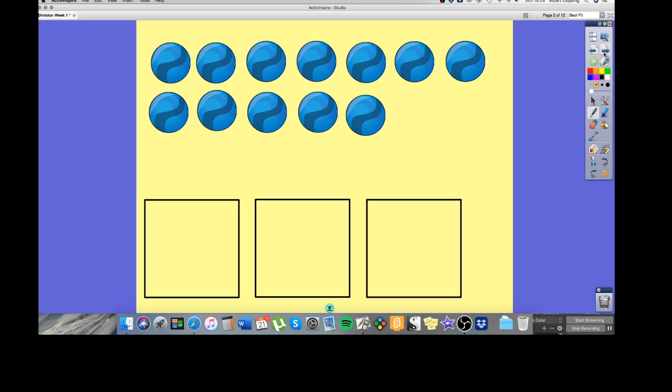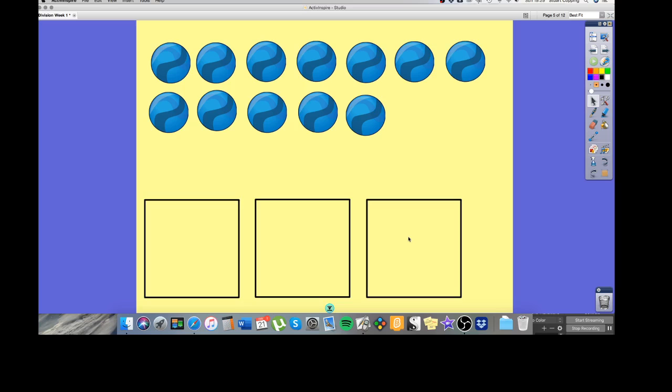Here I have some marbles, and we want to share them equally among 3 groups. Here's my groups. Okay. We want to know how many is going to go in each group. And again, just like I did with the chocolate, the easiest way is to move 1 into each group at a time.